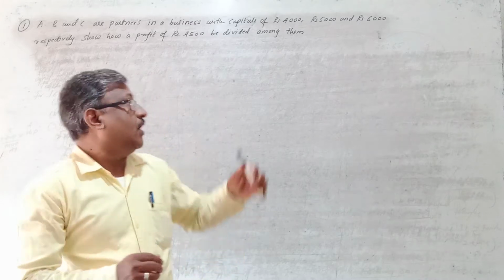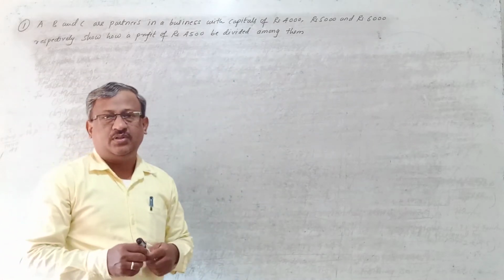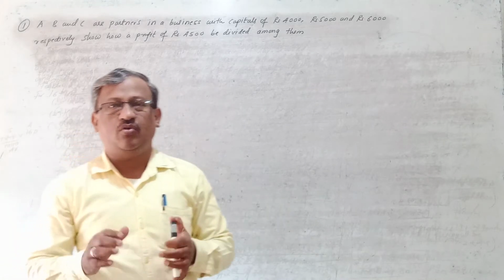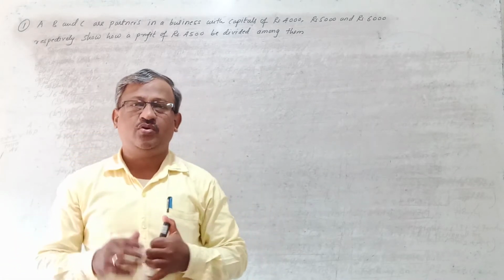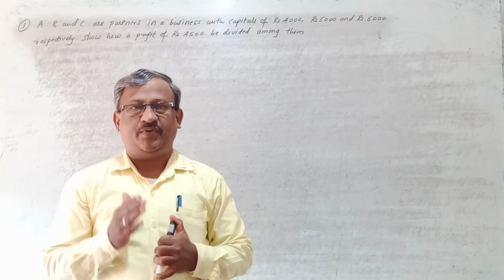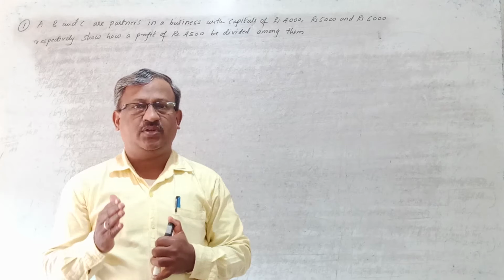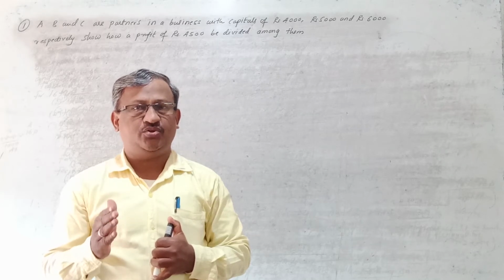Whatever profit is given in the problem, in which ratio do we have to distribute it? In the capital ratio or in the given ratio. If a ratio is not given in the problem, then we always distribute the given profit in the capital ratio only.